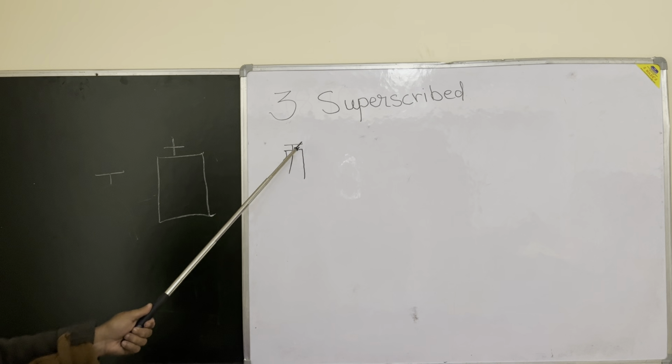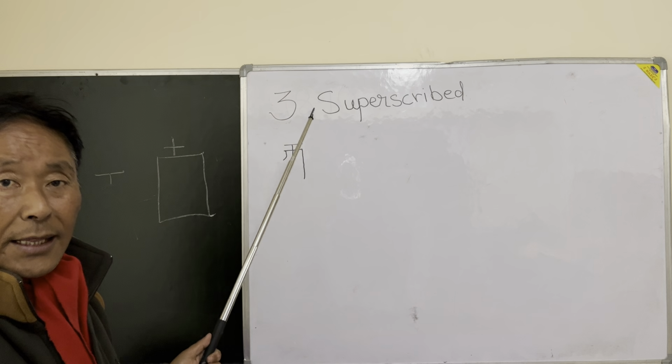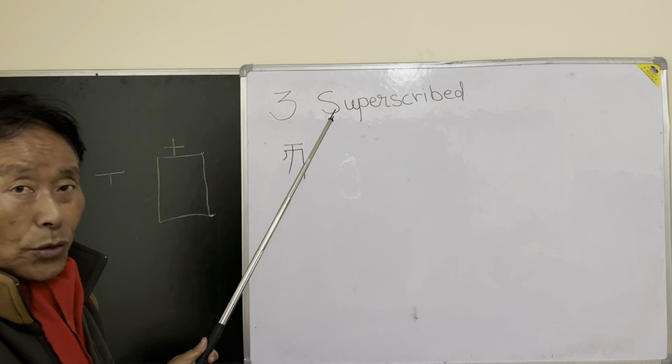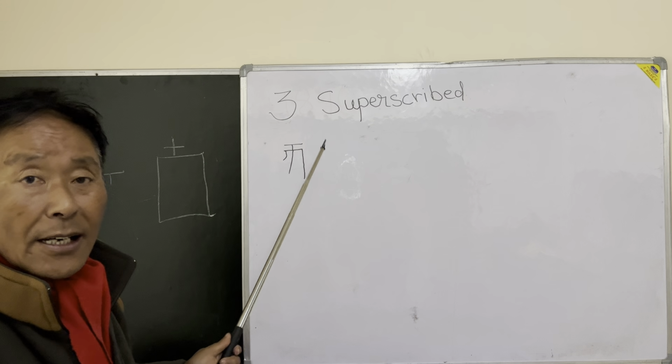So Ra, Ka, Tak, Ka. Technically we are adding consonant Ka to the superscribed Ra.